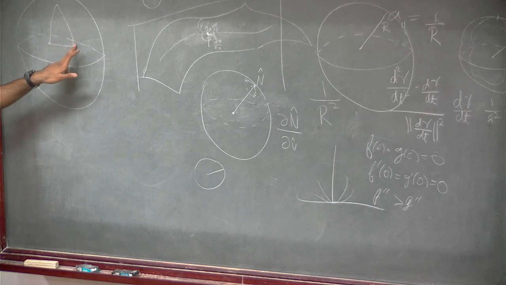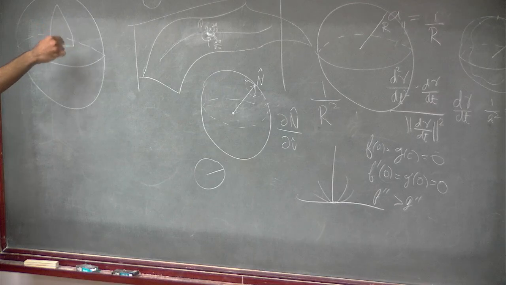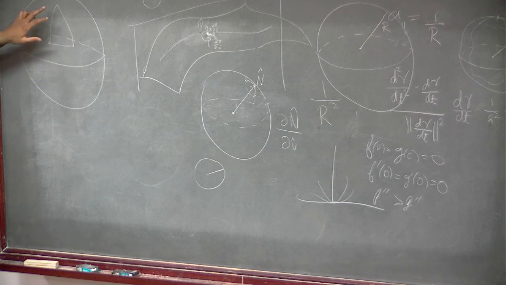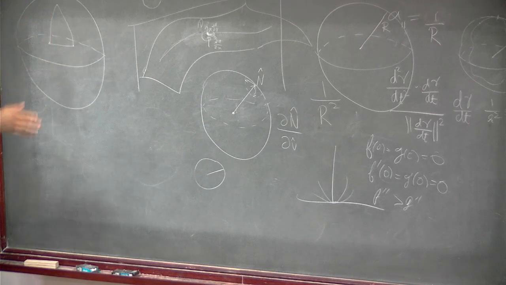Essentially these are curves, so they have a velocity at every point, and they also have an acceleration at every point. The point is that this acceleration should always be pointing normal to the surface. So in some sense, the curve is not deviating along the surface. It is only accelerating insofar as it has to hug the surface. This is one way to define geodesics.